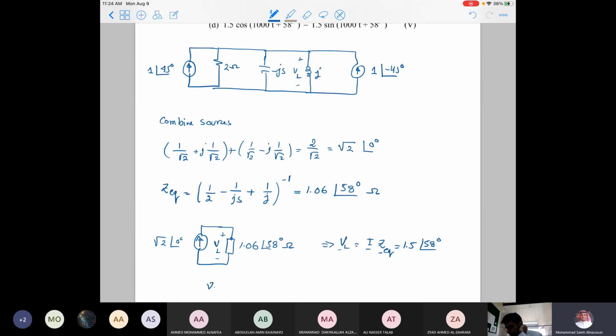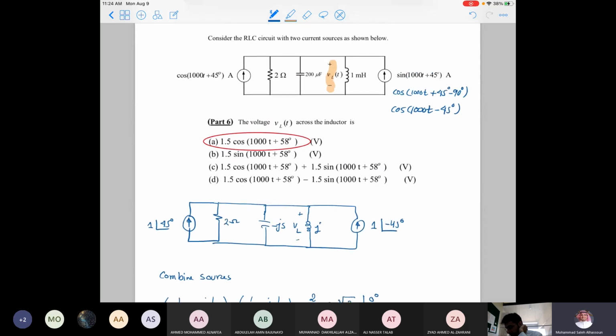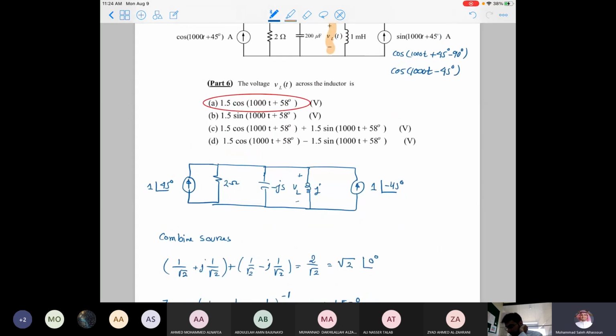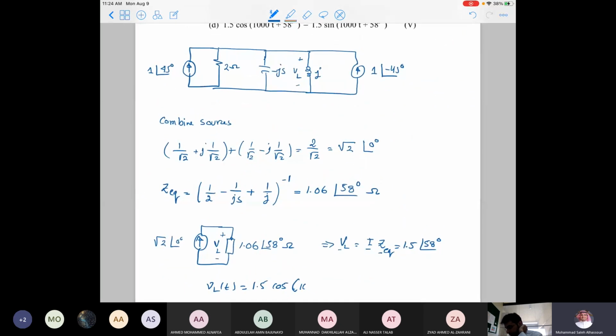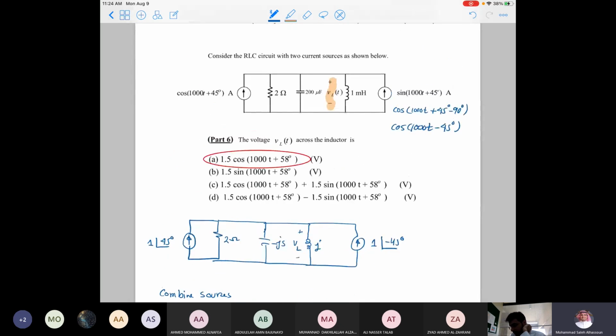The amplitude will be 1.5, with the angle in the cosine. The frequency will be 1000, the same as the frequency of the sources, but the phase will be the phase here, and if you do the calculation, you will see it over here.